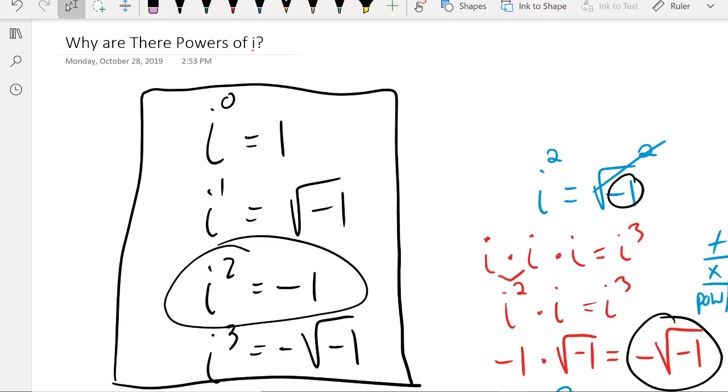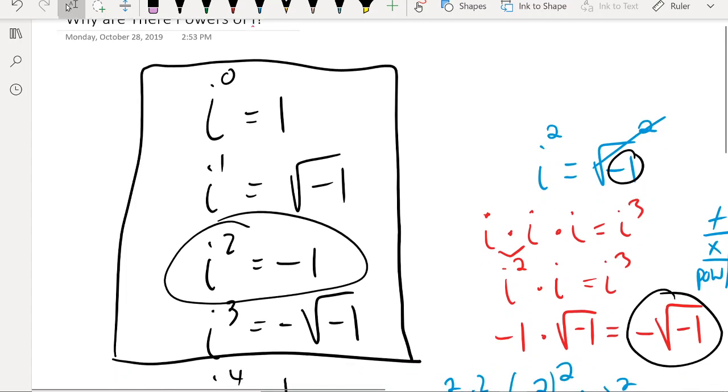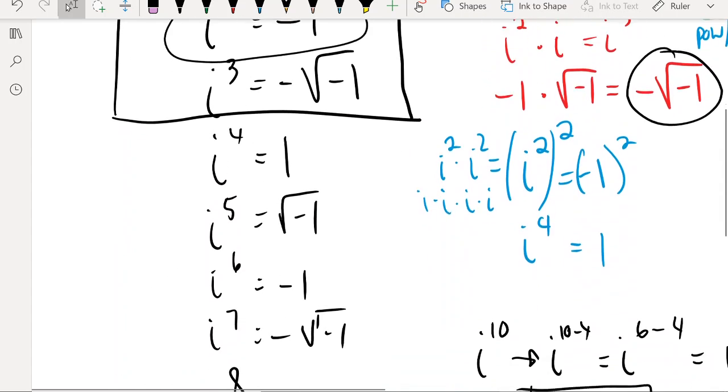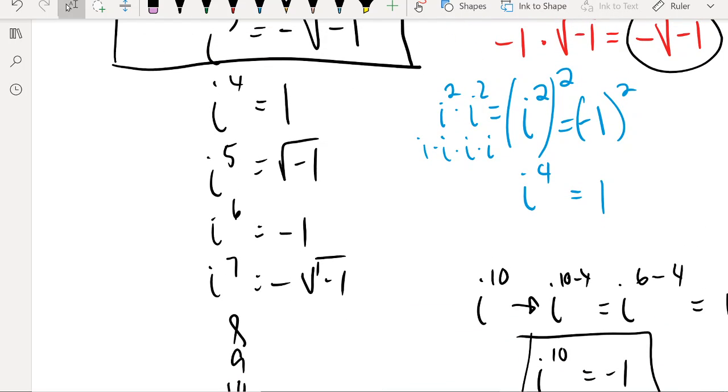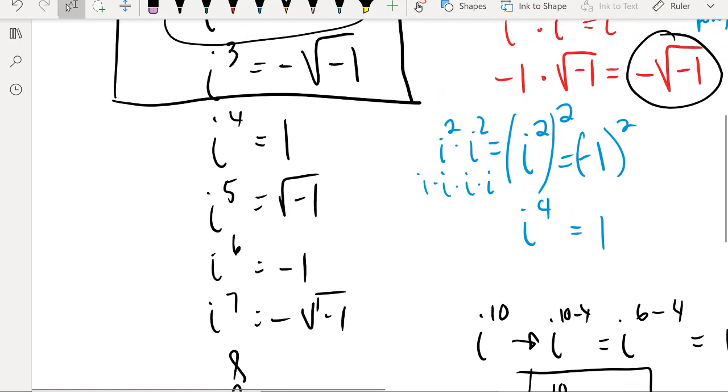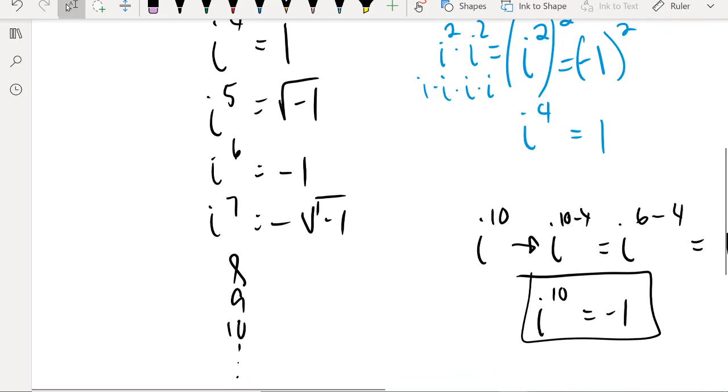So there's already been somebody that's engineered this and figured this out. So really, there's not a huge need for these powers of I. So if you've been like, oh, when am I ever going to use this? Well, you're probably not, unless you're going to be engineering something that has an application with this. So that's the answer to that question.